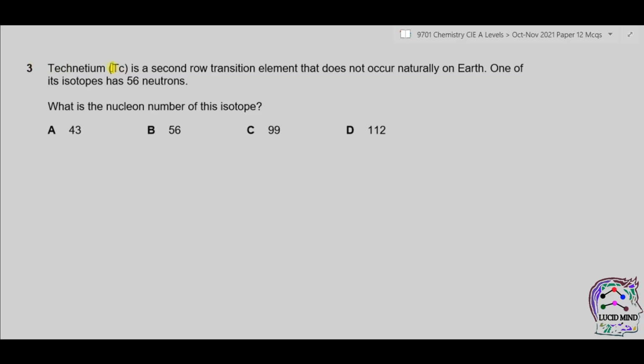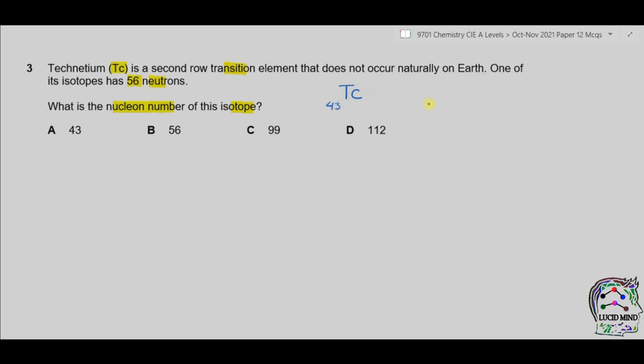Question 3. Technetium Tc is a second row transition element that does not occur naturally on Earth. One of its isotope has 56 neutrons. What is the nucleon number of this isotope? We can find the atomic number of technetium from periodic table. It is equal to 43.